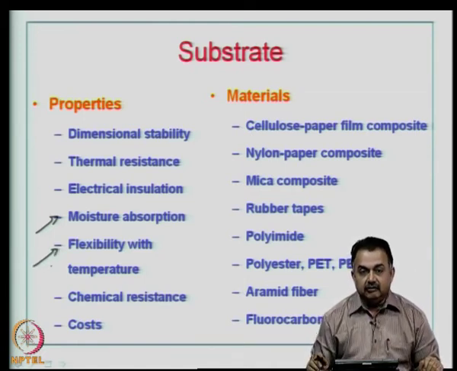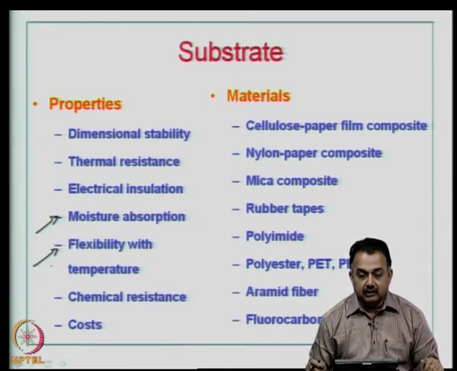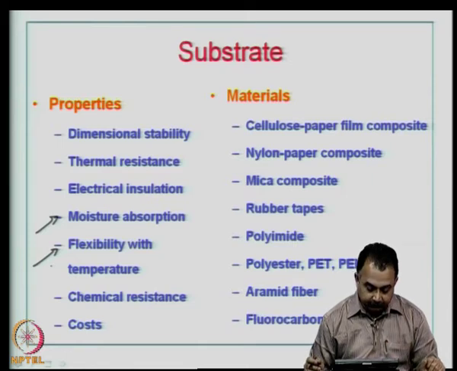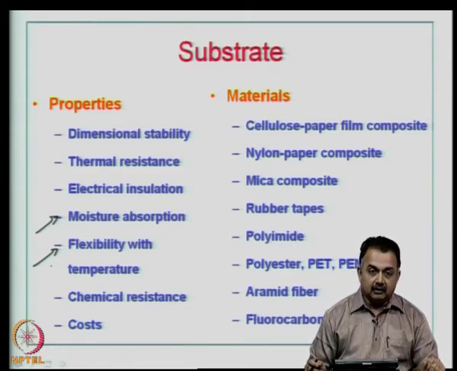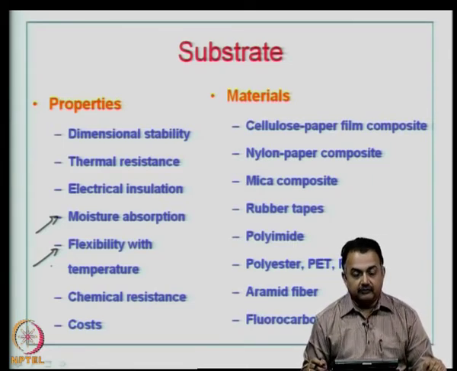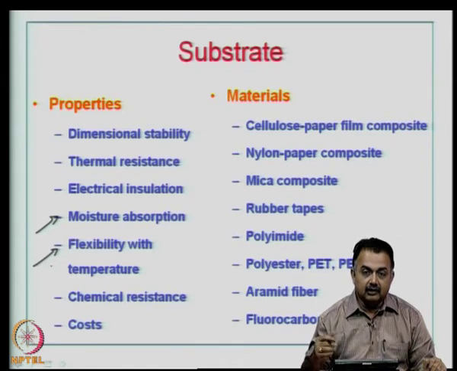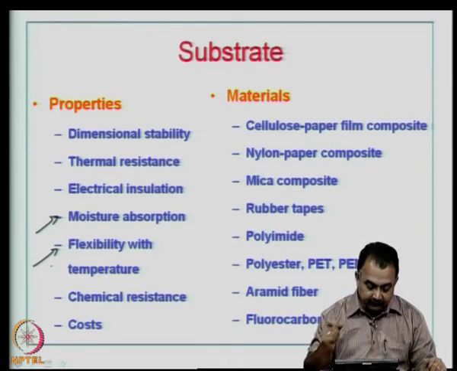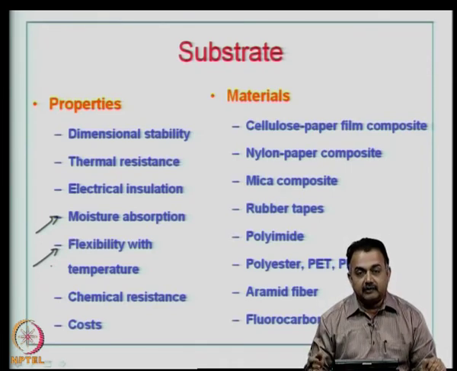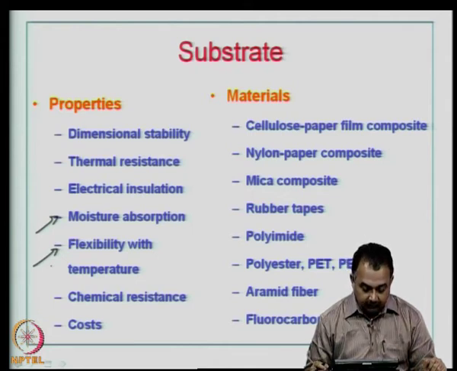Although this is flexible at room temperature, there is a limit to flexing the base that we are using. At the same time, what is the kind of dimensional change that you can look at in this material when the temperature is increasing during the operation of the product and so on.